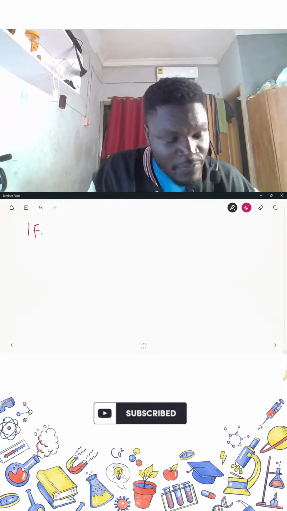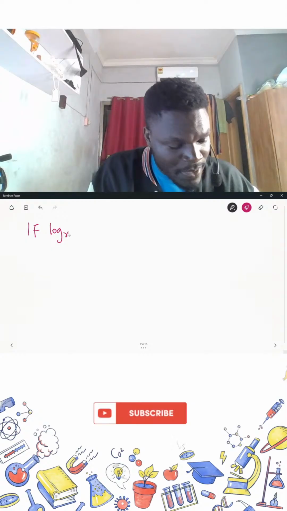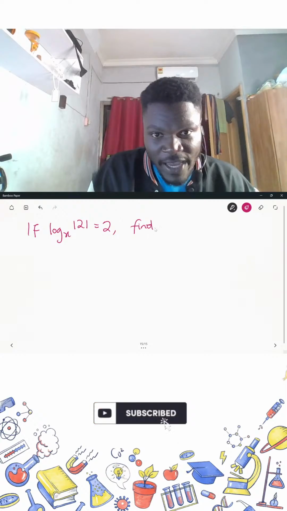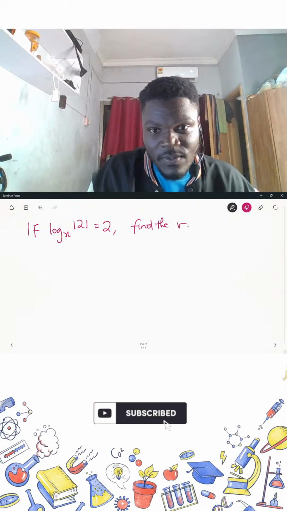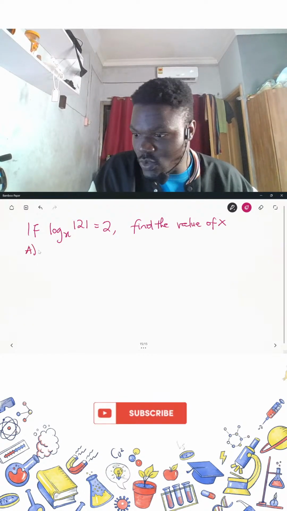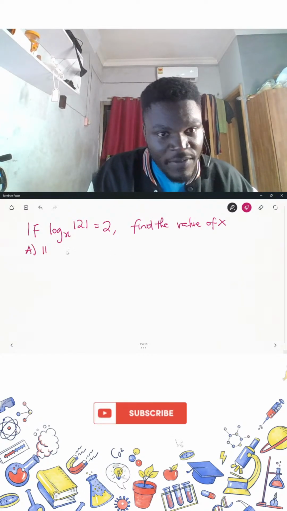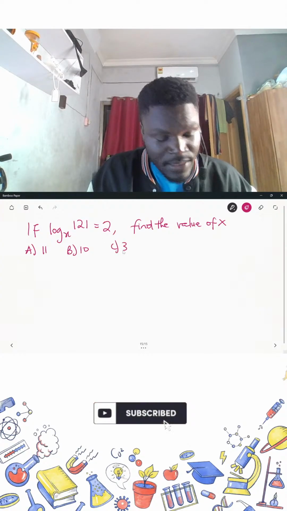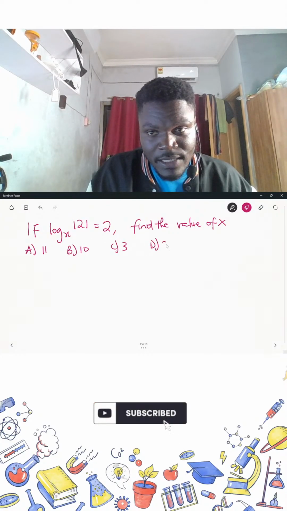So we have, if log base x of 121 is equal to 2, find the value of x. We have A to be 11, B is 10, C is 3, and then D is 2.